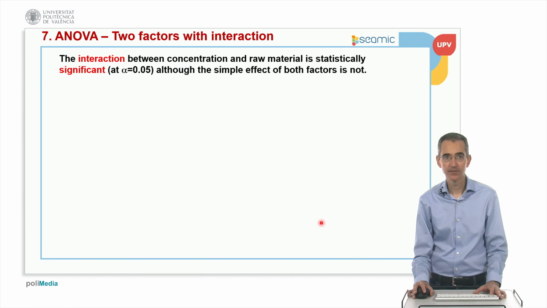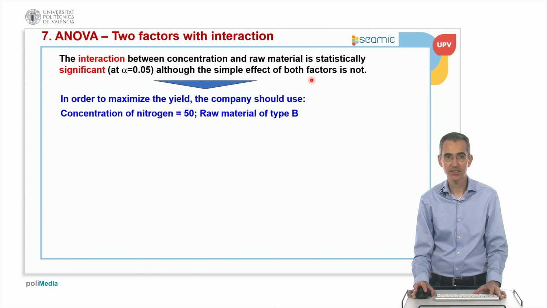Okay, so now, as the interaction between concentration and raw material is statistically significant, it means that we have to choose one of the 4 different combinations. This example is interesting because the interaction is significant, but the simple effect of both factors is not. So this is something that does not happen very often, but it may happen, okay, like in this example, although this example is theoretical.